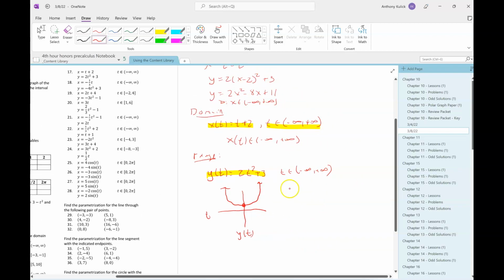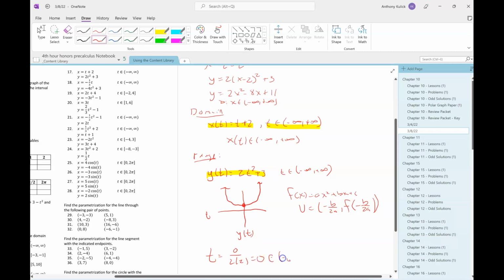So remember to find the vertex. Yesterday we said for f of x equals ax squared plus bx plus c, the vertex is negative b over 2a, comma, f of negative b over 2a. So in our case, the vertex would just be 0 over 2 times 2, which is 0.